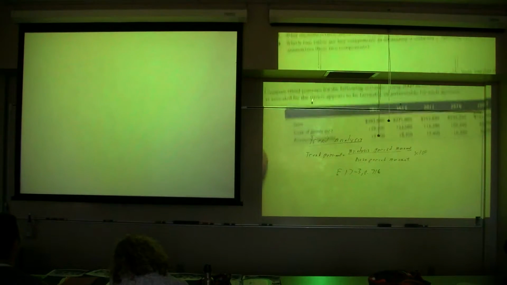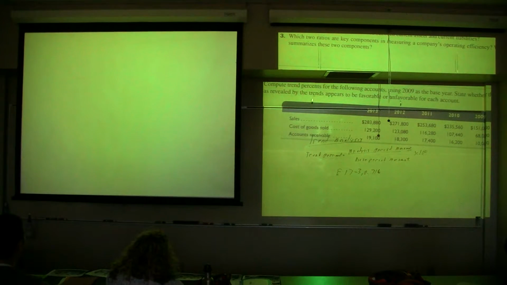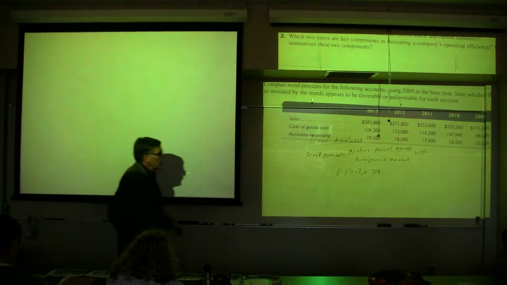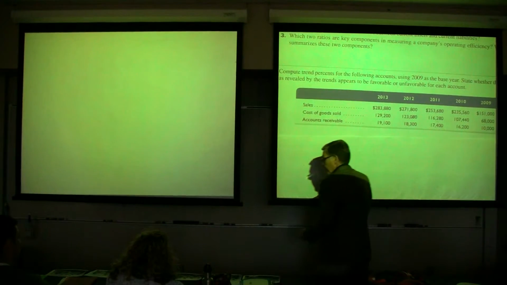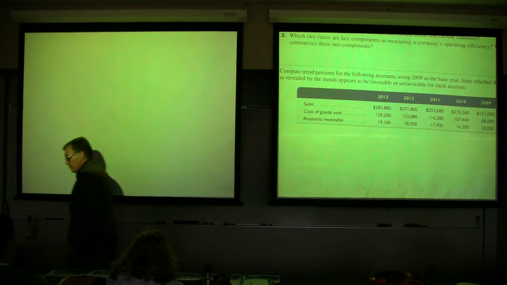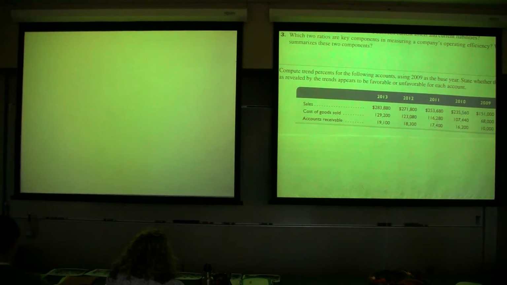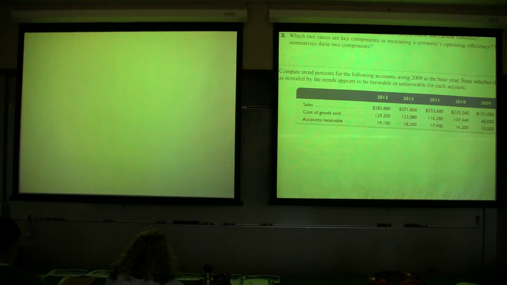This is exercise 17-3. Oh, let me put down the screen. And again, it's horizontal analysis. Again, the earliest year is the base year, just as it was before. And now we're going to find the difference for each successive year. Okay? So, let me do this.